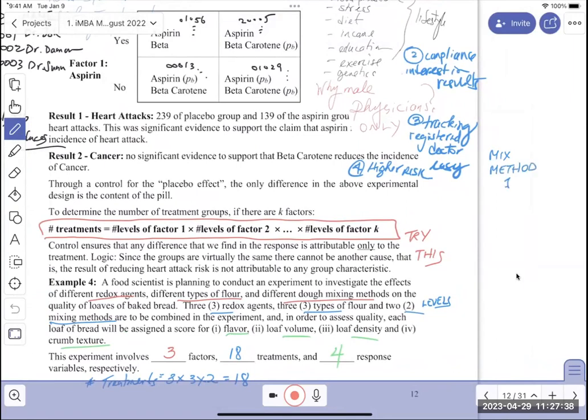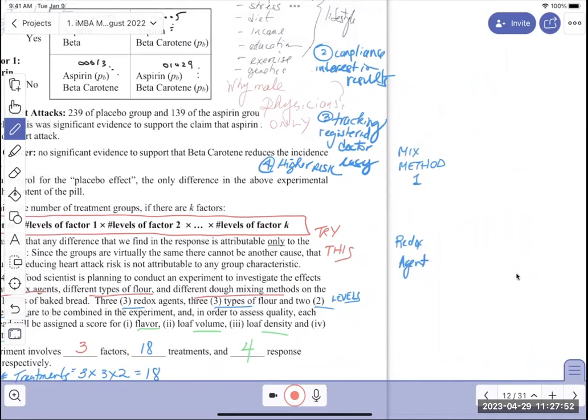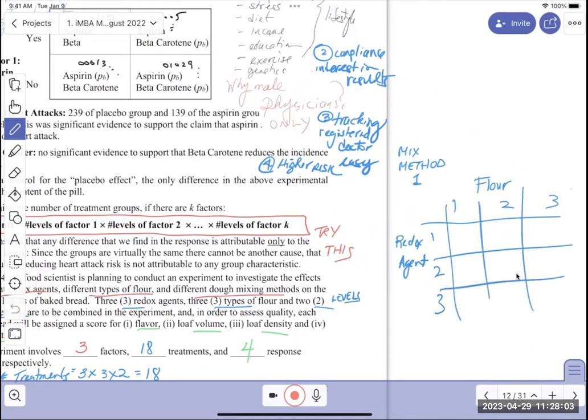So for the first mixing method, I could have the redox agent and the type of flour that would be for method 1, but then I can repeat it for method 2.